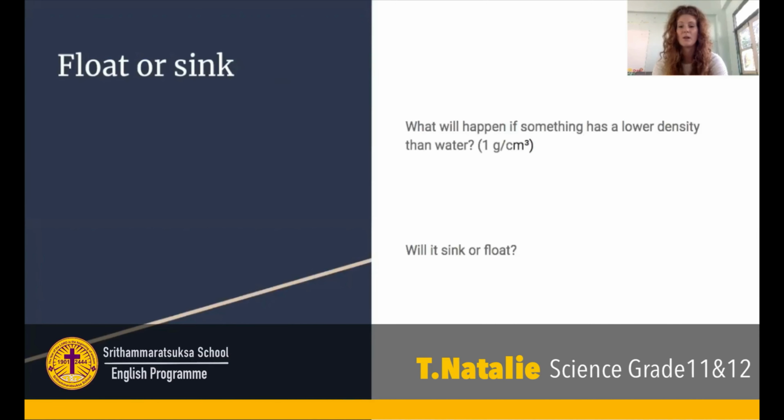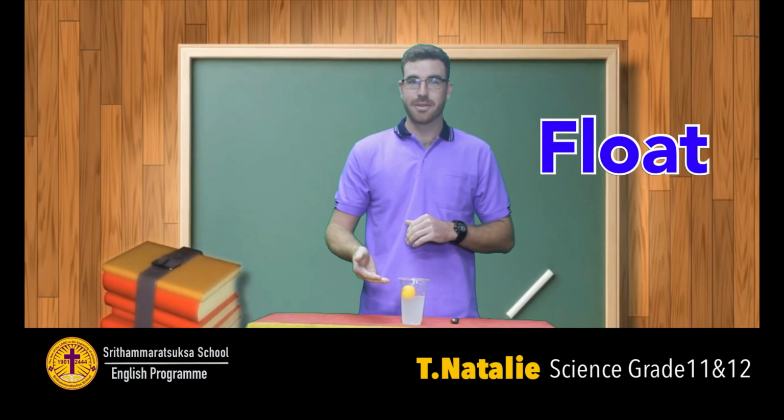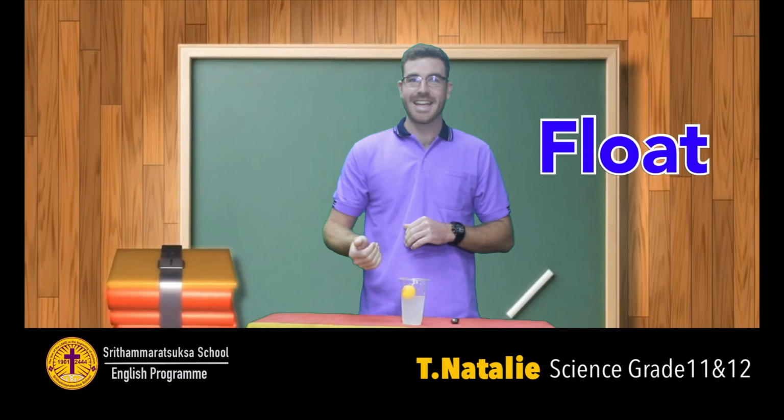So, when we place something that has a different density than water, which has a density of 1 gram per cubic centimeter, we can see if it has a higher or lower density depending on if it sinks or floats. It floats.